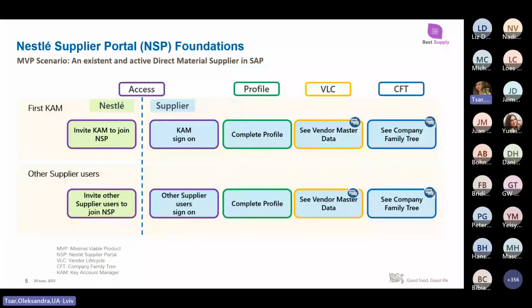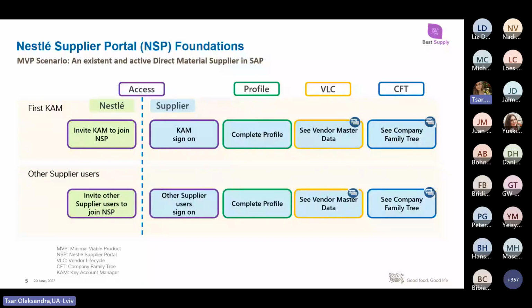Once they complete their profile with this basic information, they will be able to see the information about the supplier, your company, or as we call it, company master data, to do some clarifications through the chat functionality, or even request some changes as well, and to see the company family tree, meaning all the linkages you have within your companies.